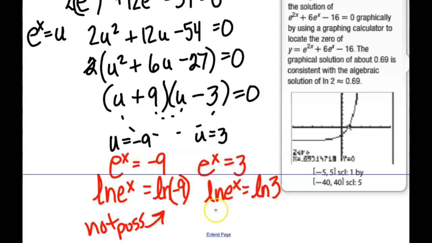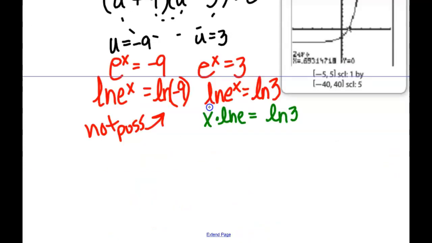Okay, over here, we move the x out front. ln of e is just 1. So this is just x equals natural log of 3. So there's an exact answer. If you type that in, anybody give me the decimal?